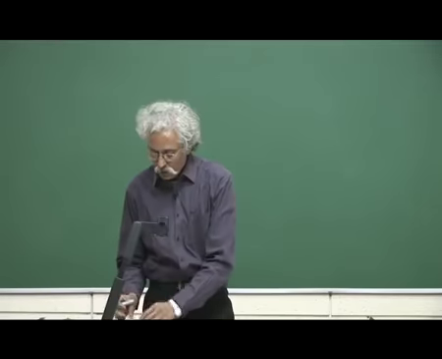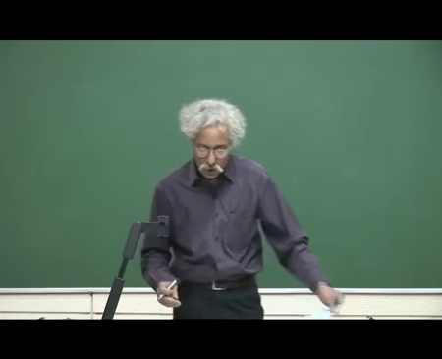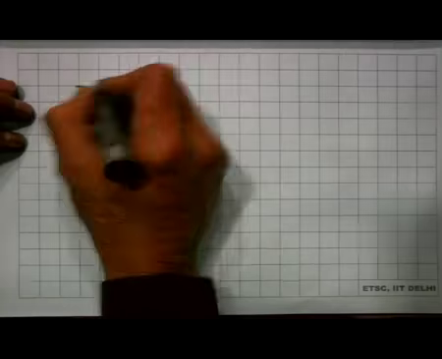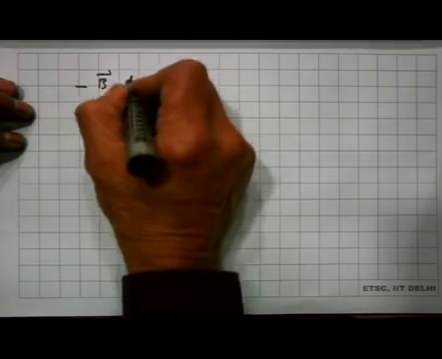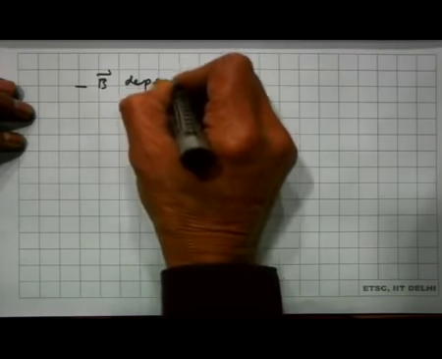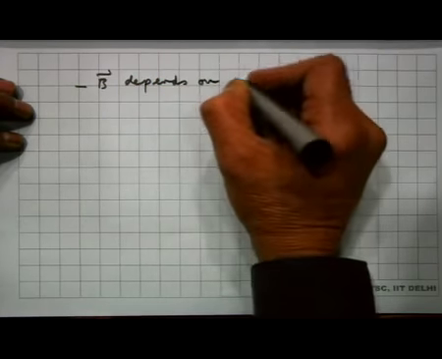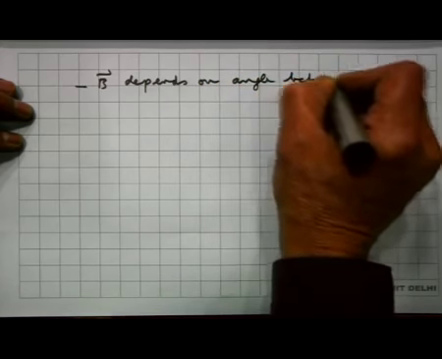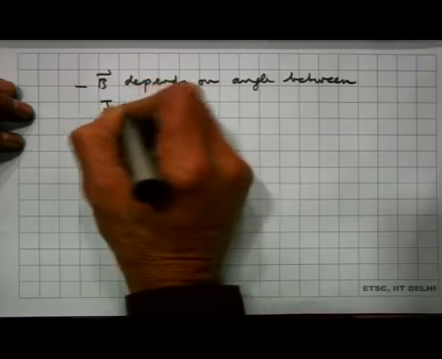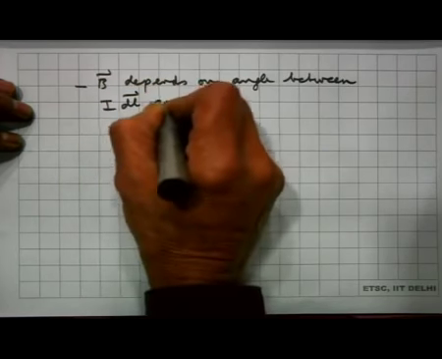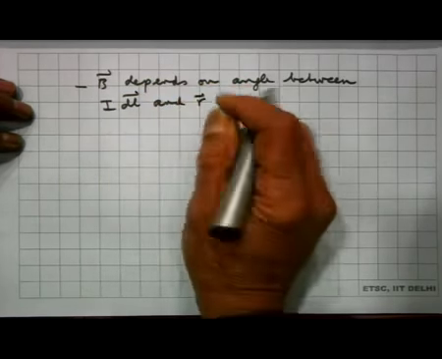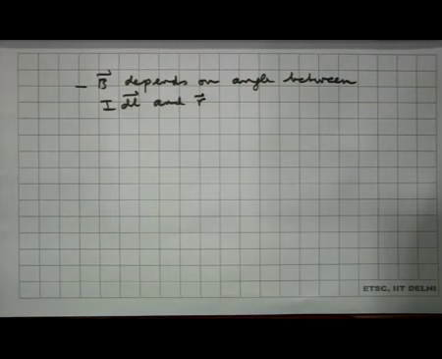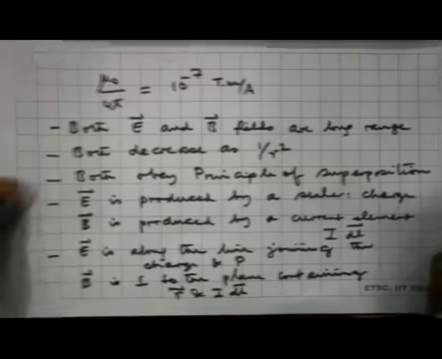Also, the magnetic field B depends on the angle between I dl and r vector. So these are some points which you may remember.